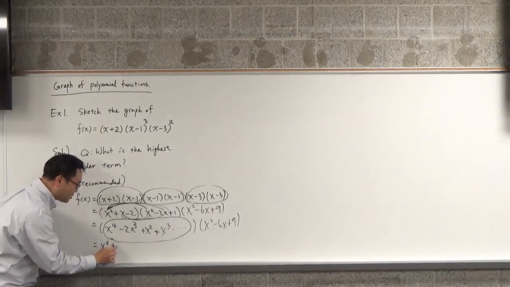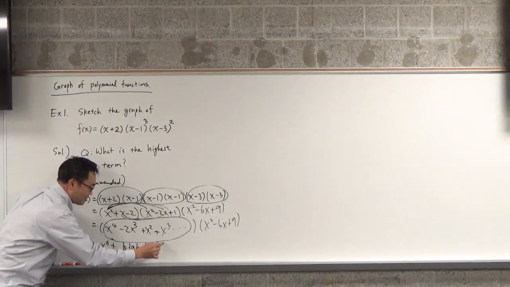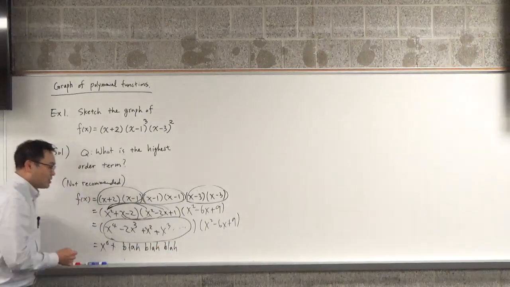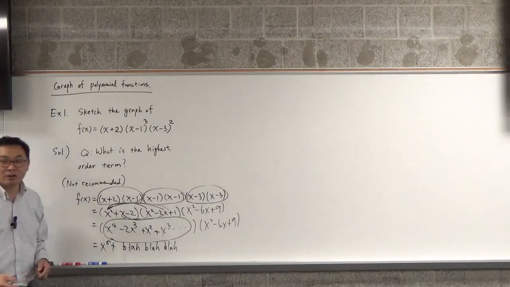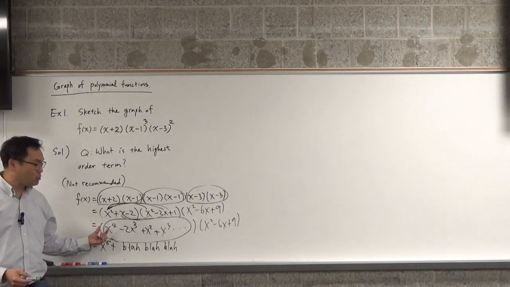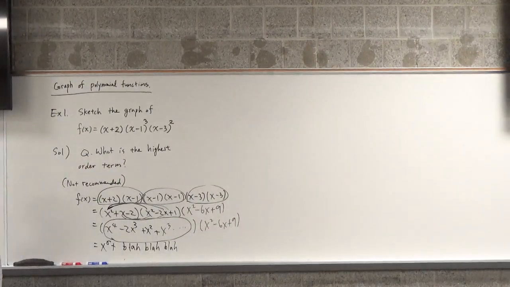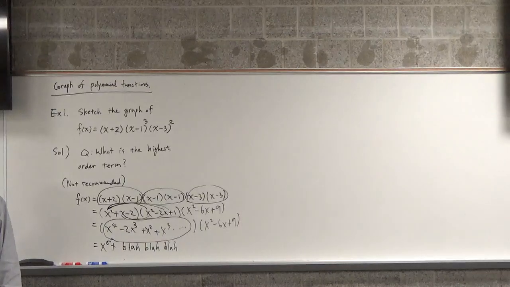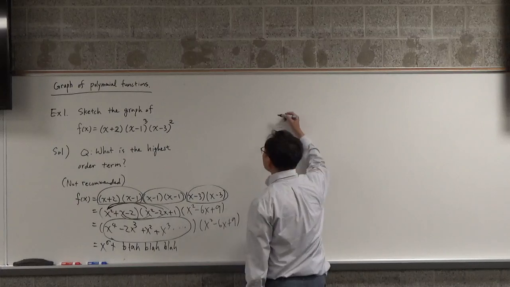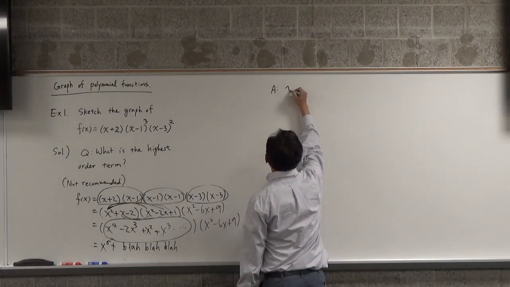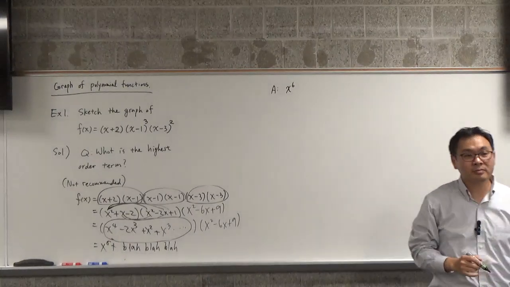It will be x to the 6 and then some other lower order terms. The x to the 6 will be the highest order term because that's going to be created when x to the 4th and x squared get multiplied. You agree? Okay. So the answer to this question is x to the 6th is the highest order term.